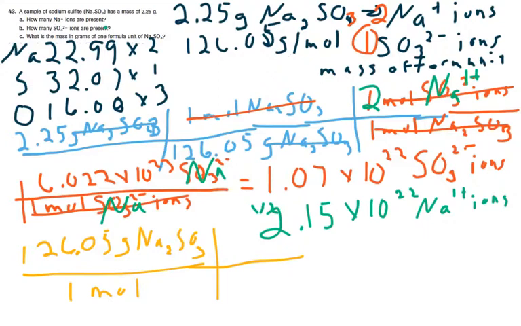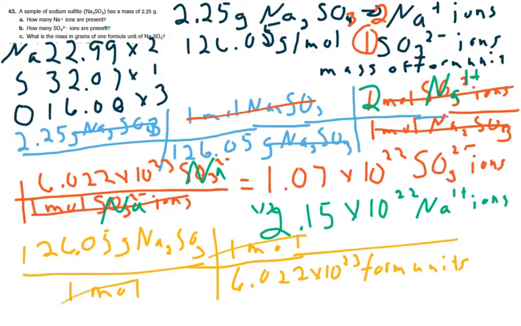And then we know in 1 mole, there is 6.022 times 10 to the 23rd formula units. And the moles, cancel the moles. And all we got to do is take 126.05 divided by 6.022 times 10 to the 23rd.